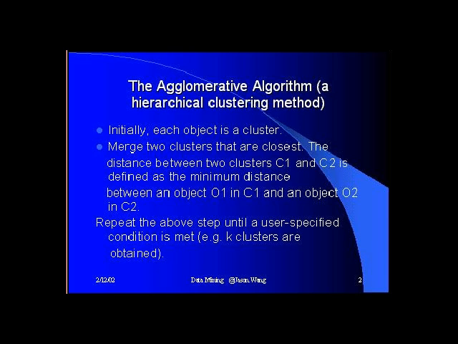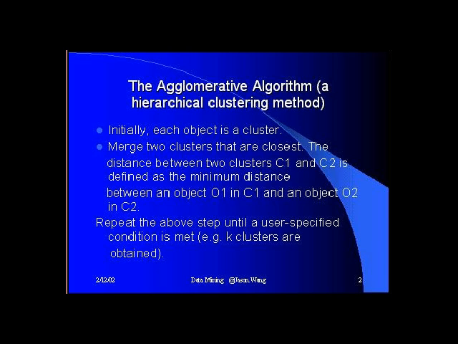Now this parameter value becomes important. How do I know what K I should specify beforehand? How do I know how many clusters I eventually want for these data points at hand? We don't know. So sometimes people use trial and error. I specify K equal to 2, I do clustering, and I look at the result.